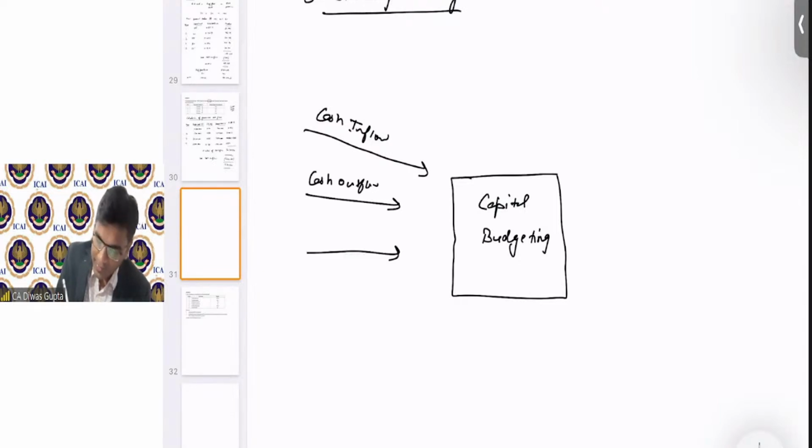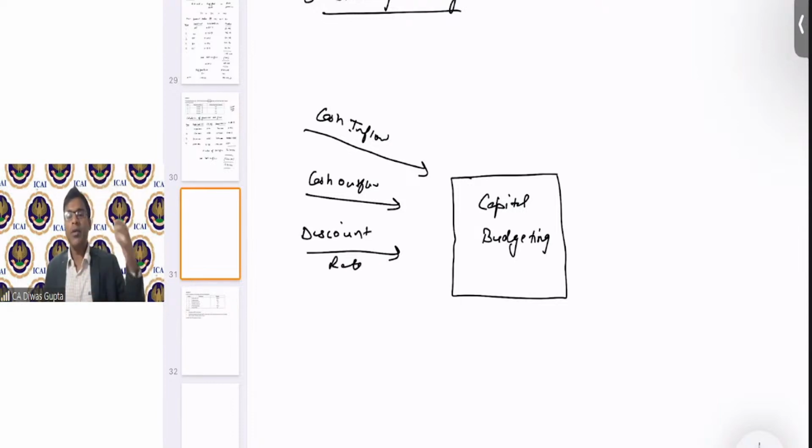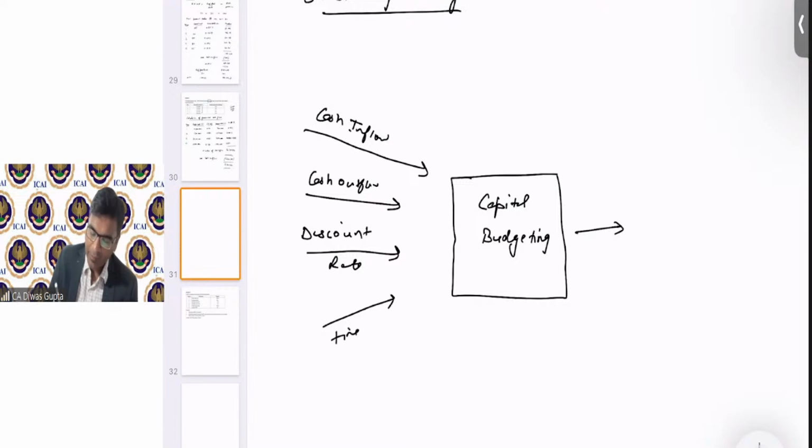The next input would be, let's say, the discount rate. Then another one will be, let's say, the time period. Broadly, these are the inputs.